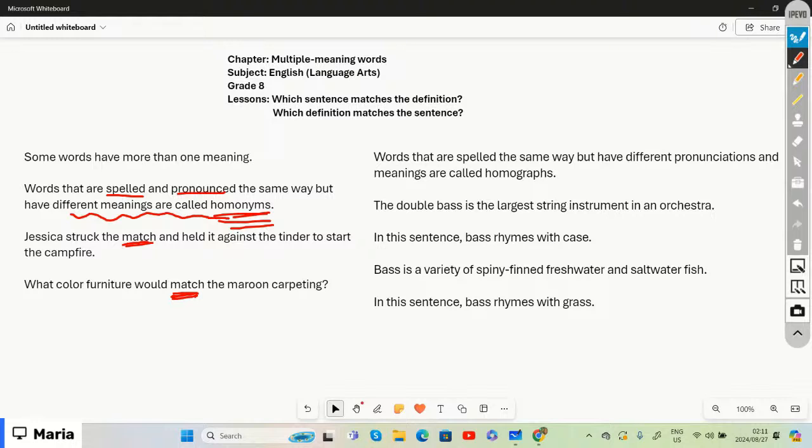It's like I'm matching the curtains with this, or I'm matching my red t-shirt with my red sneakers, or I'm matching my yellow t-shirt with my orange something, because yellow and orange maybe match. If we look at both of those words, they are spelt the same way, match. They are even pronounced the same way, match. But the meanings of those words are different, and we call them homonyms.